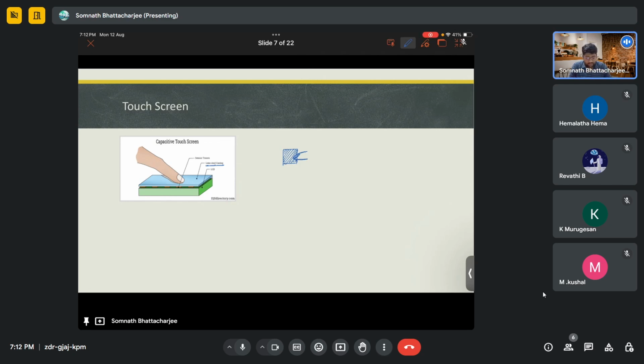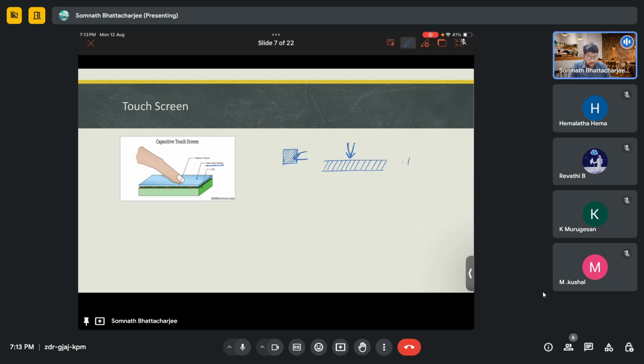In the case of resistive sensors, let me say this is a panel where this material is a resistive material. What will happen whenever you put pressure on top of it? The resistance will change. In some cases the resistance can decrease, in some cases it may increase as well.